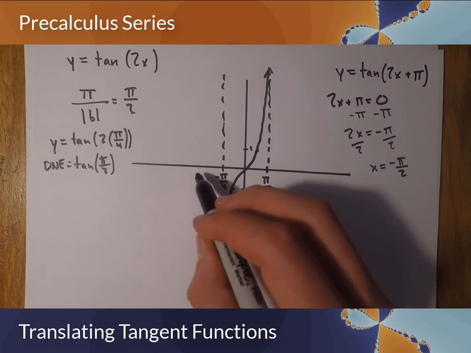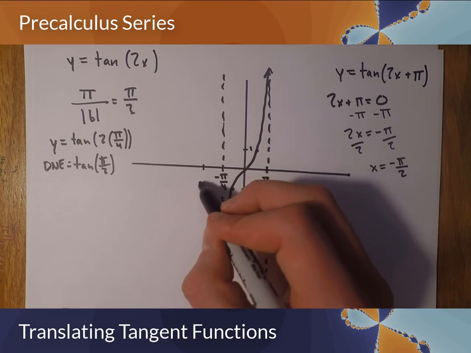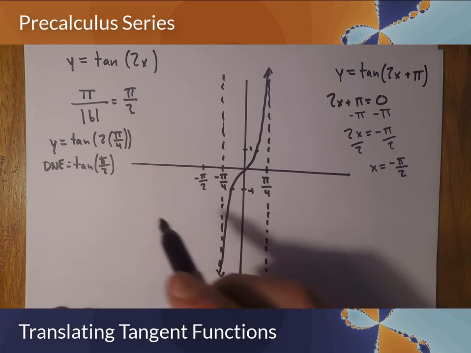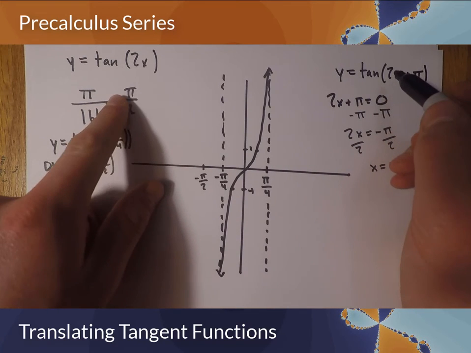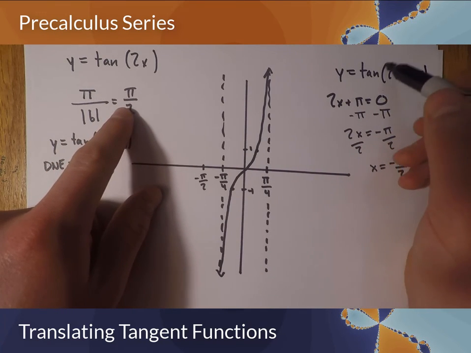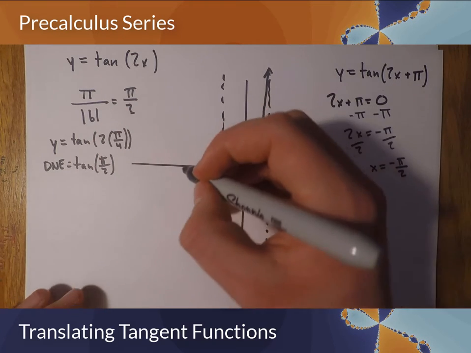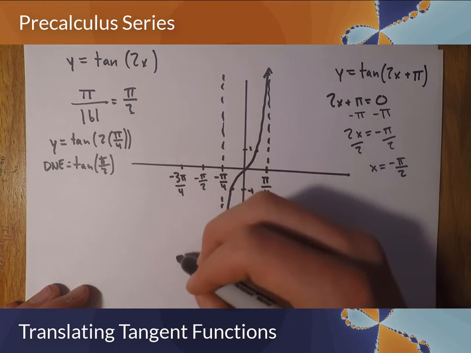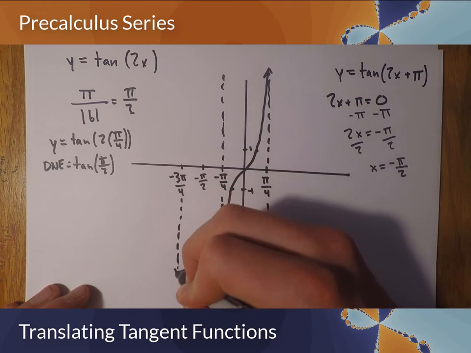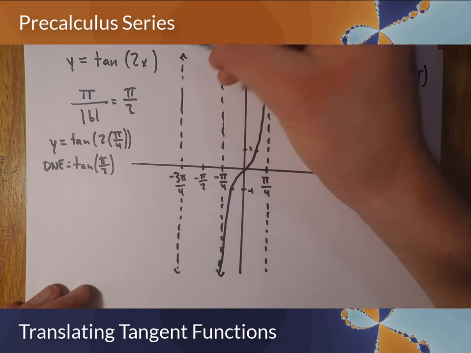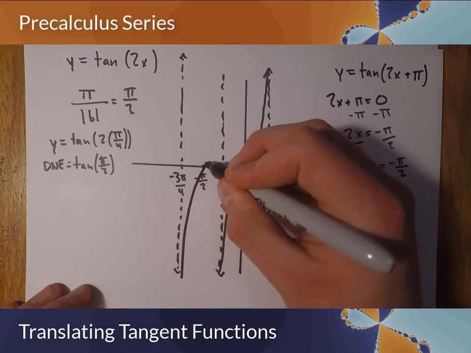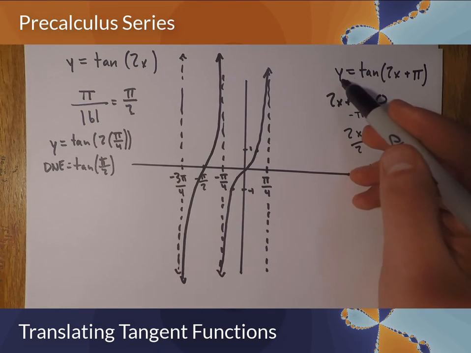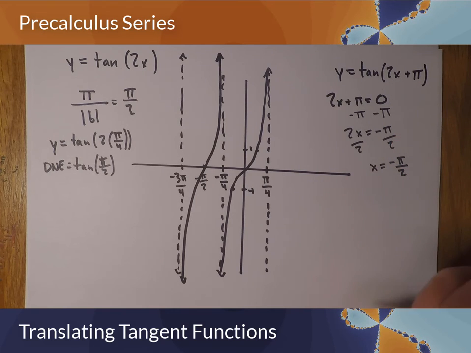So you shift it over negative pi over 2, and it still has a period of pi over 2, because they share the same b value of 2. The other vertical asymptote for this function will occur at 3 pi over 4. So then you just draw in the vertical asymptote, and voila, you have your function y equals tangent of 2x plus pi.